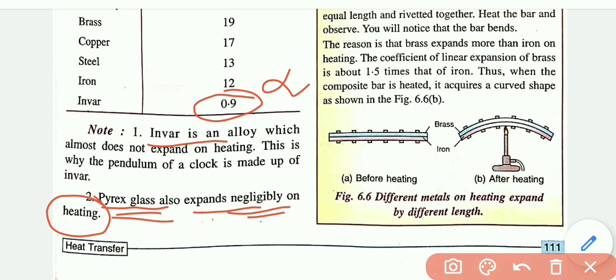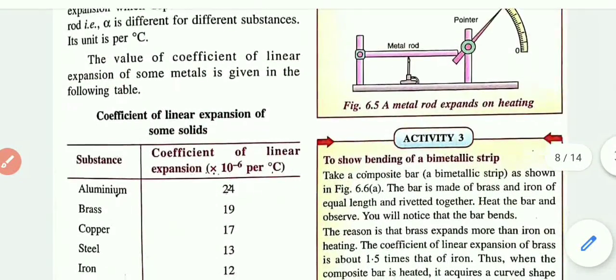If it is negligible, then it does not expand, or expands only negligibly. Clear? So this is all about the coefficient of linear expansion, or linear expansion of solids.